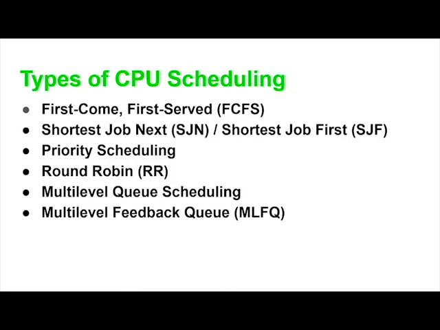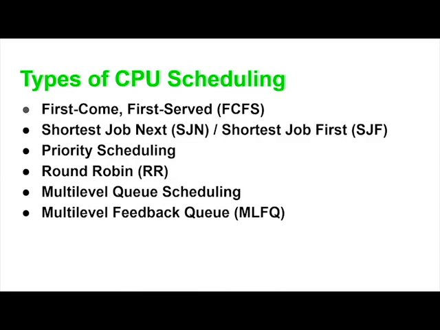The pros of this scheduling are that it is simple and fair, as jobs run in order of arrival. The con is the convoy effect. It can be very slow, and a process may wait too long if the process ahead of it is too big.